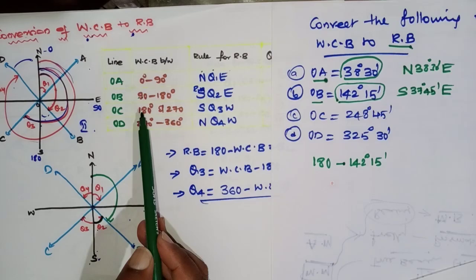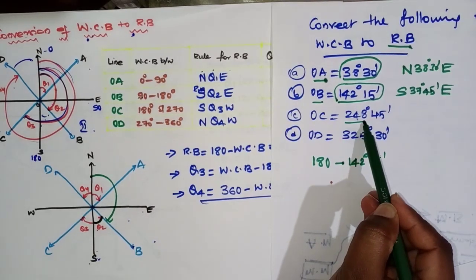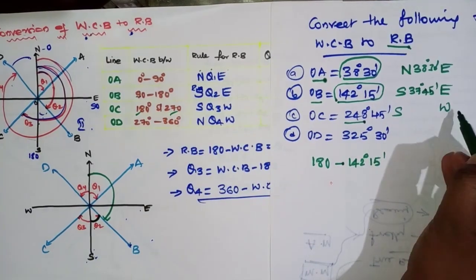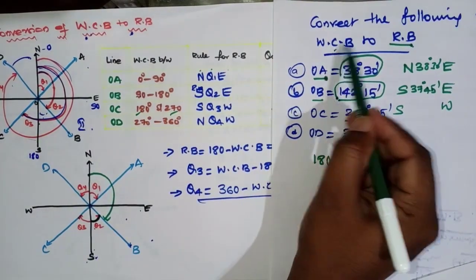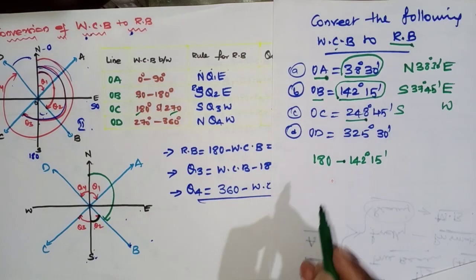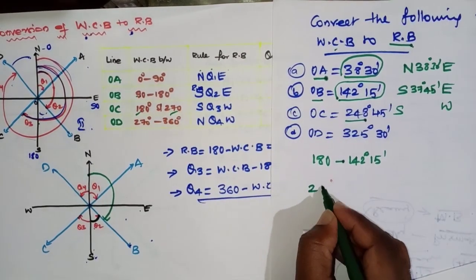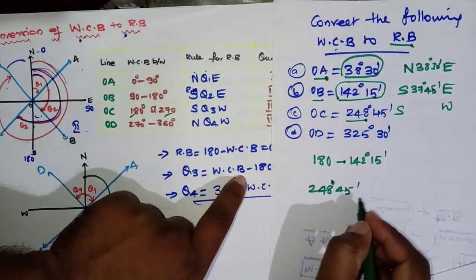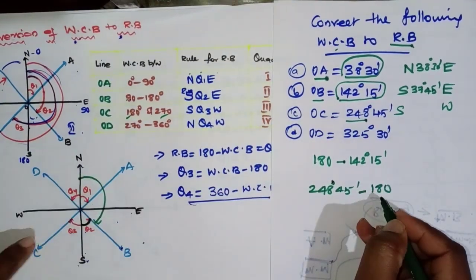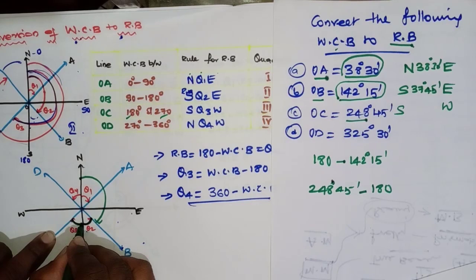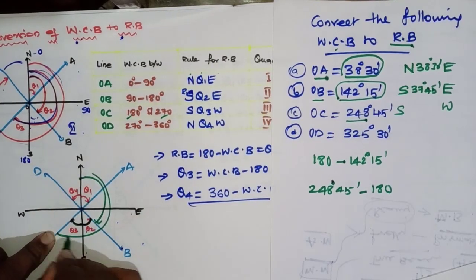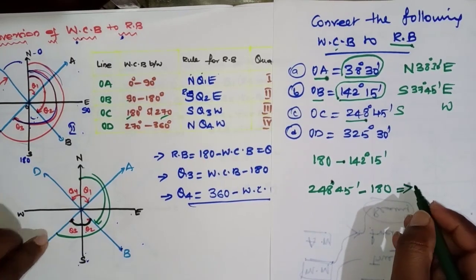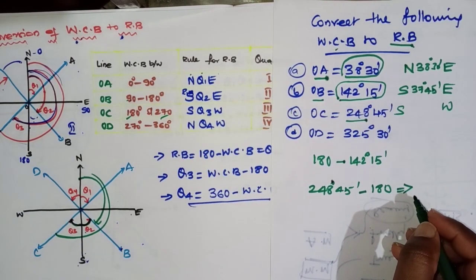Next OC. OC lies in what? 248 means greater than 180, less than 270. So it is southwest. Whole circle bearing to reduced bearing system: the whole circle bearing is 248 degrees. Minus 180 because it is lying in the third quadrant. I want only this one, so total minus 180 I will get theta 3. So how much is it? 68 degrees 45 minutes.